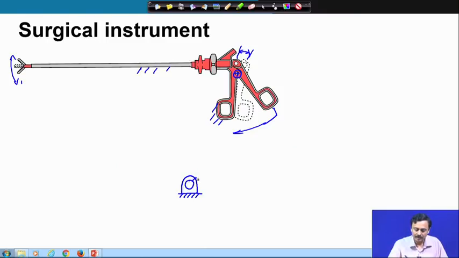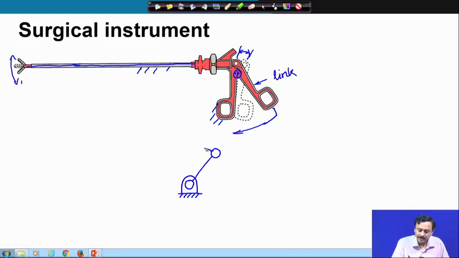Therefore, I must have a link, which is this link, rotating about the ground hinge. So, this is my link. Now, to connect it to a rod that passes inside this barrel, there is a rod that takes motion from here to the end point.